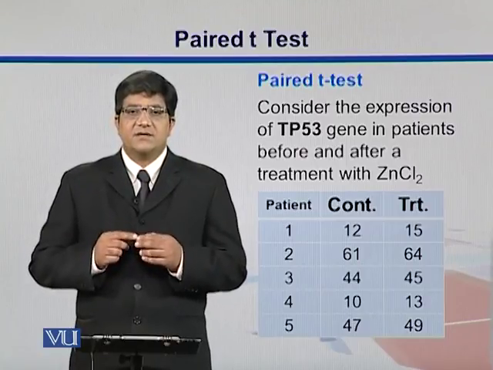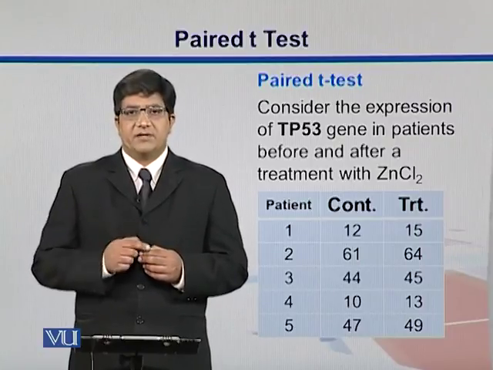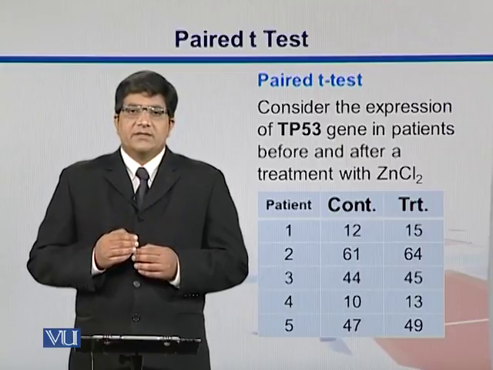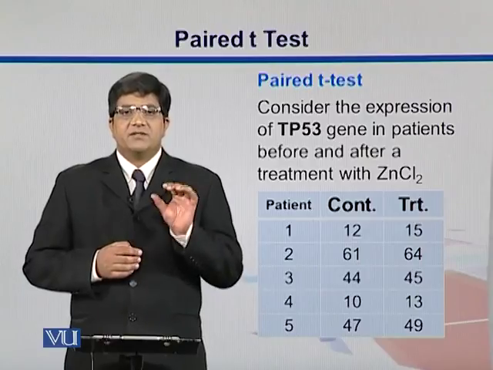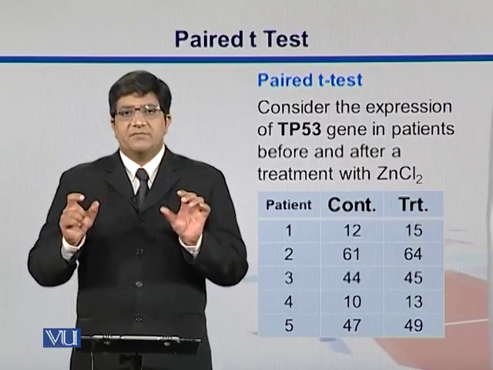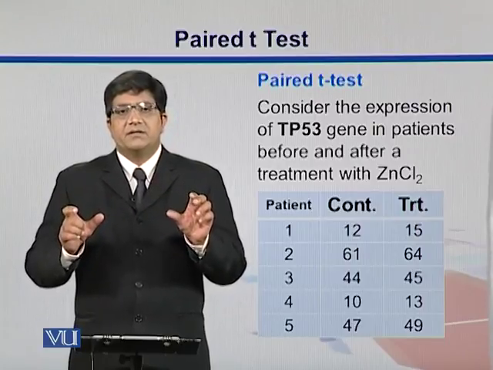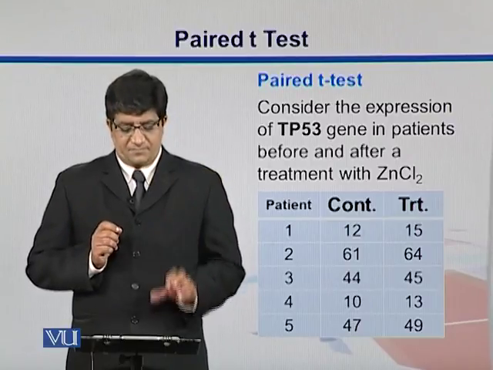We are using the same individuals here. There is patient number 1 before treatment and after treatment. Patient number 1 is different from patient number 2, and that is different from patient number 3. But for the same patient, you can calculate the individual differences before and after treatment. In this way, the variability between different patients can be taken into account.